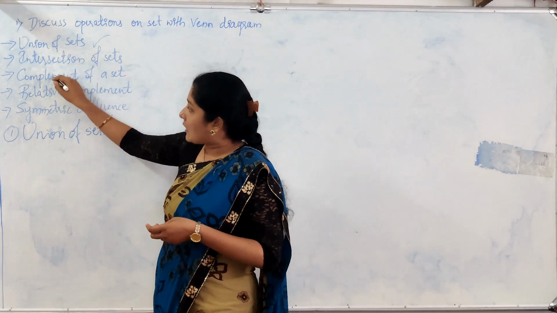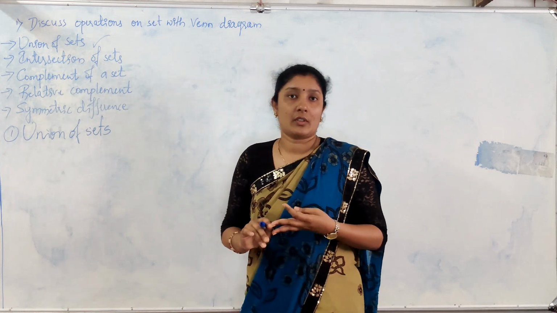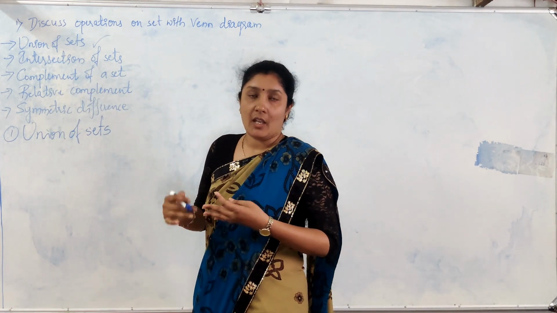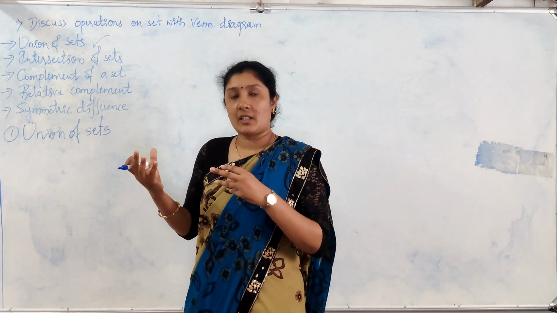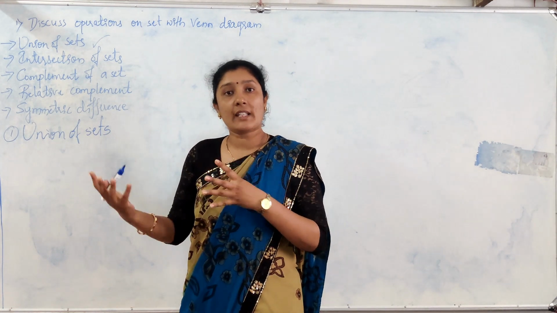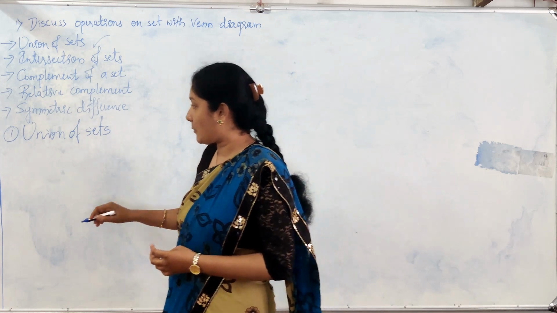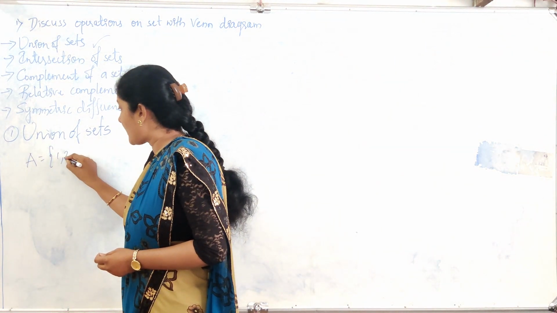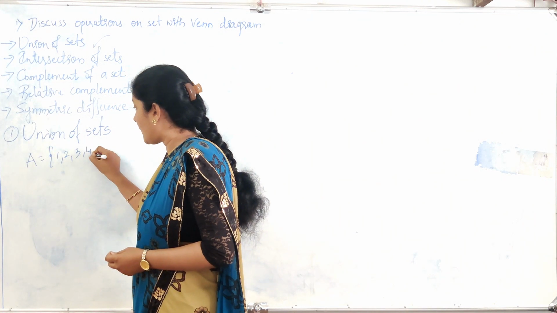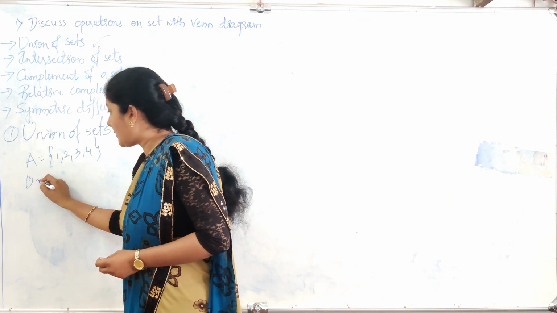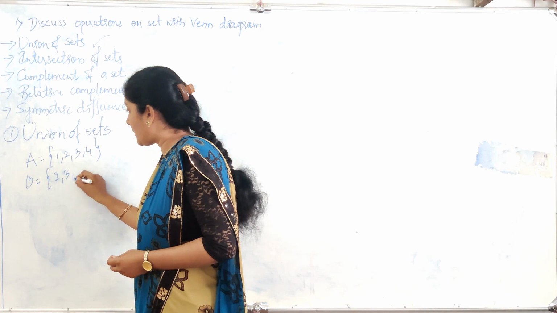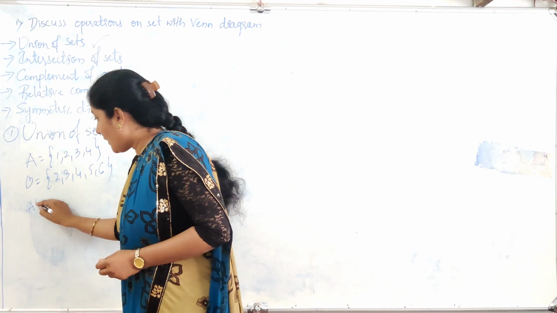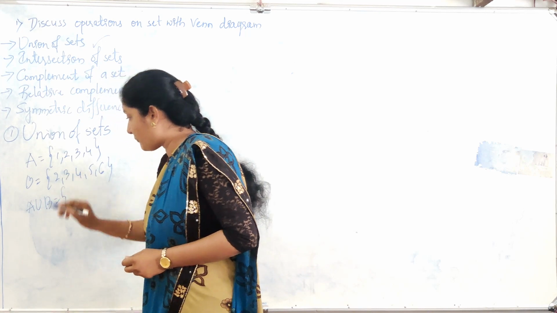So there are totally 5 operations. First one is union of sets. Union means what? We need to consider all the elements of two sets. For example, if A is 1, 2, 3, 4 and B is 2, 3, 4, 5, 6, then A union B will be what?